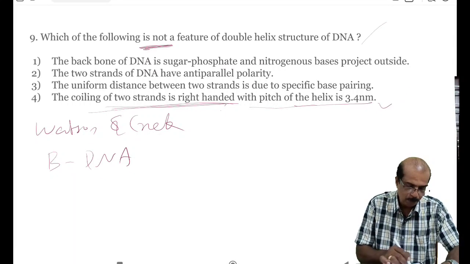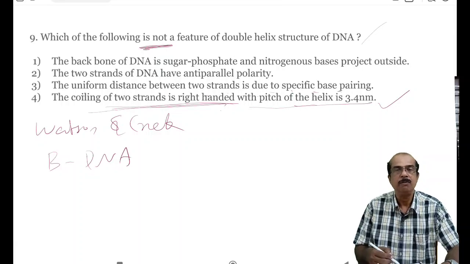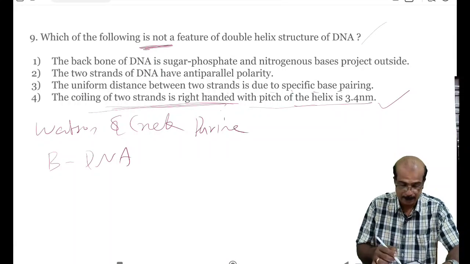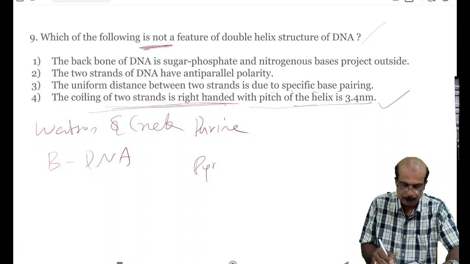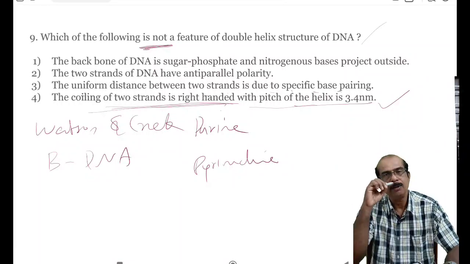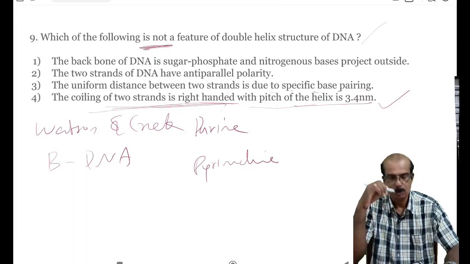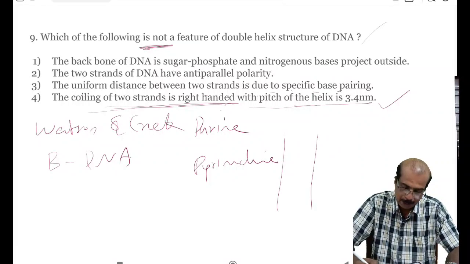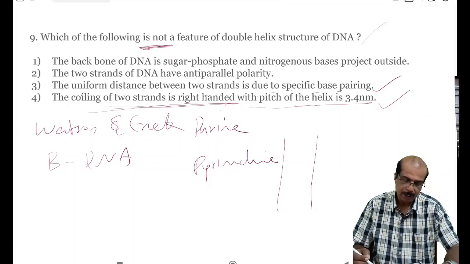The uniform distance between two strands is due to the specific base pairing. If at one strand there is a two-ringed purine nitrogen base, the other strand will contain a single-ringed pyrimidine nitrogen base. So every time a two-ringed nitrogen base is paired with a one-ringed nitrogen base, the distance between the two strands is maintained uniform, and the third option is a correct one.